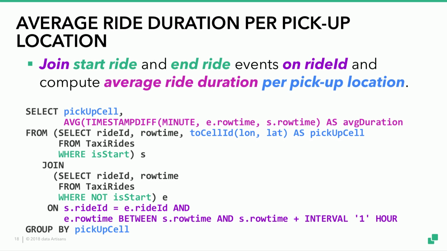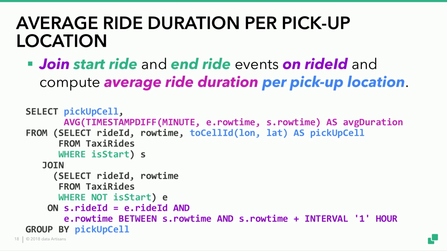As you can see in this part, we have an additional predicate that says, from the end events, we take the timestamp, and this timestamp must be between the timestamp of the other stream, or the other table, because we are in SQL, with an interval of 1 hour.